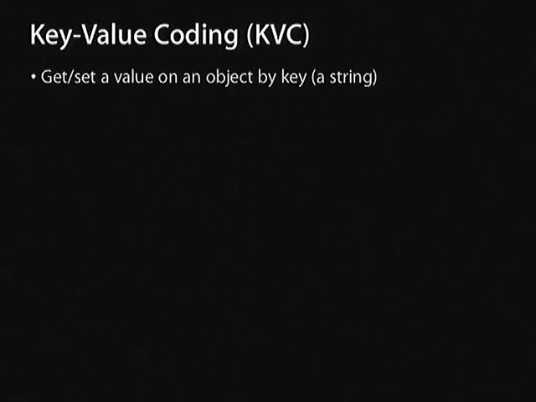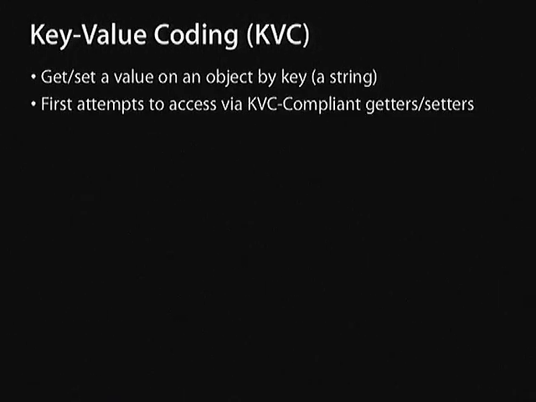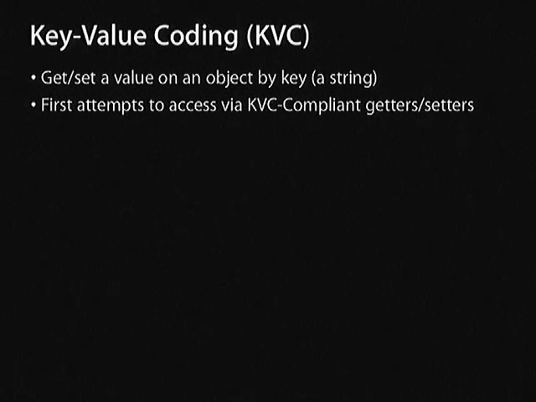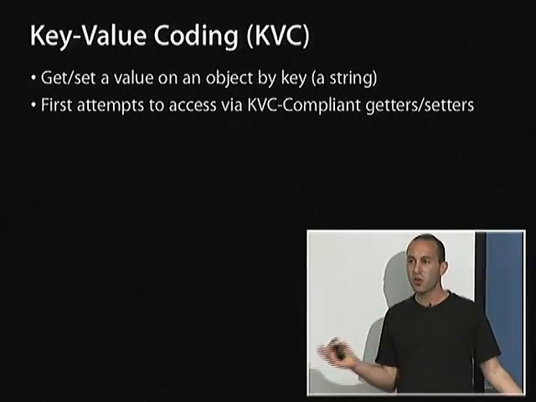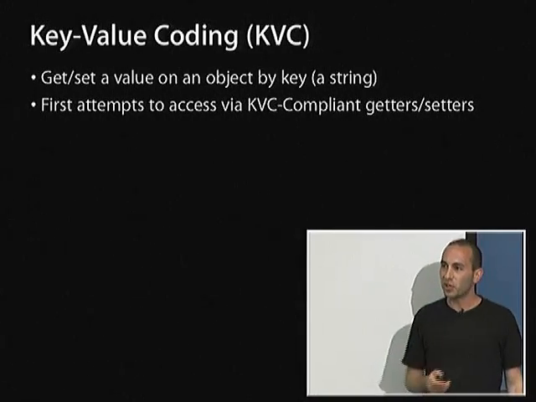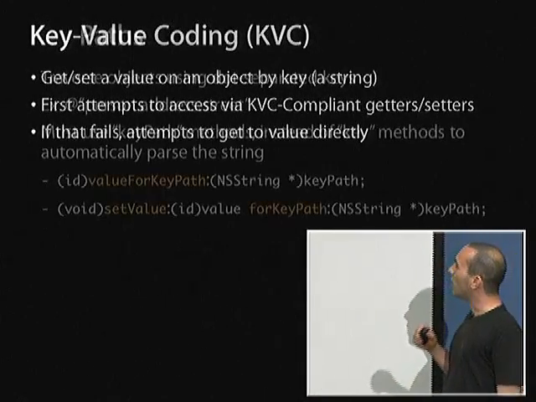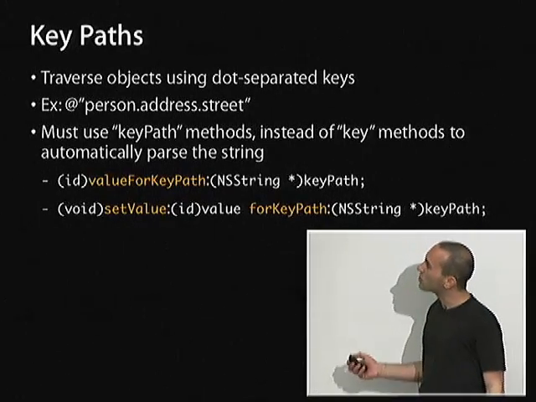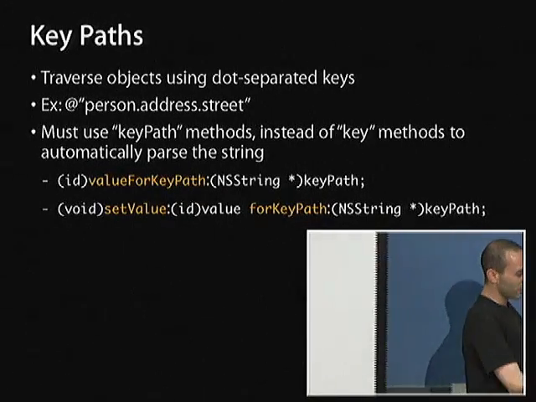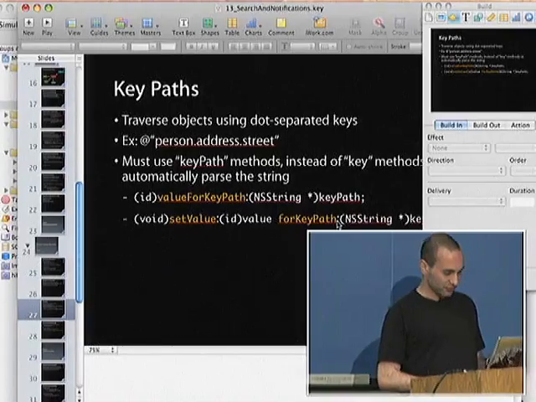So we're getting and setting values from an object based on a string. And there's something called KVC compliance. Now, KVC compliance, you may not know that you already knew how to do this, but you already know how to do this. Basically, if you're, let me add something to the slides here.